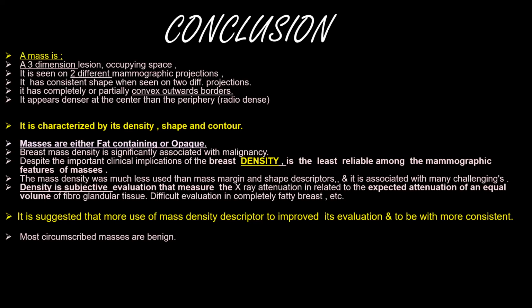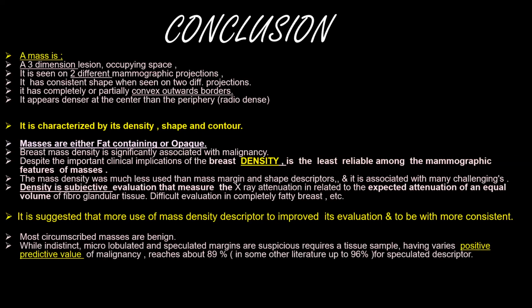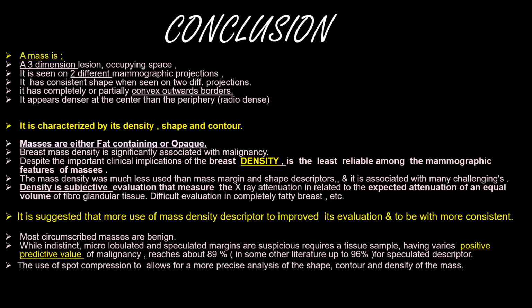And regarding the margin, the circumscribed masses are mostly benign, up to 99%, while indistinct, microlobulated, and speculated margins are suspicious, with a positive predictive value of malignancy reaching about 89%, and in some other literature up to 96% for the speculated descriptors.